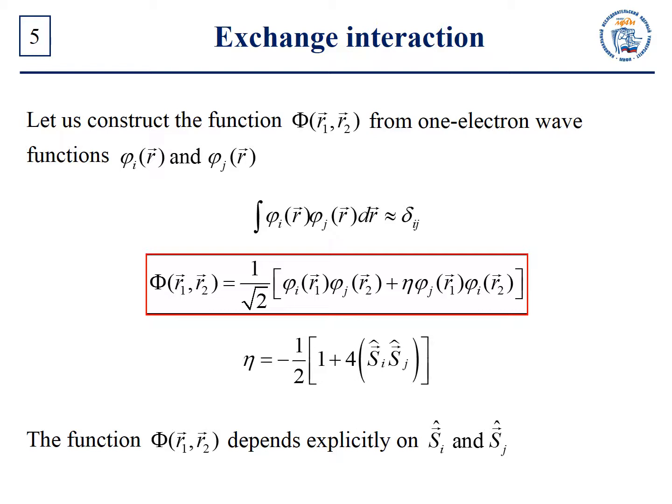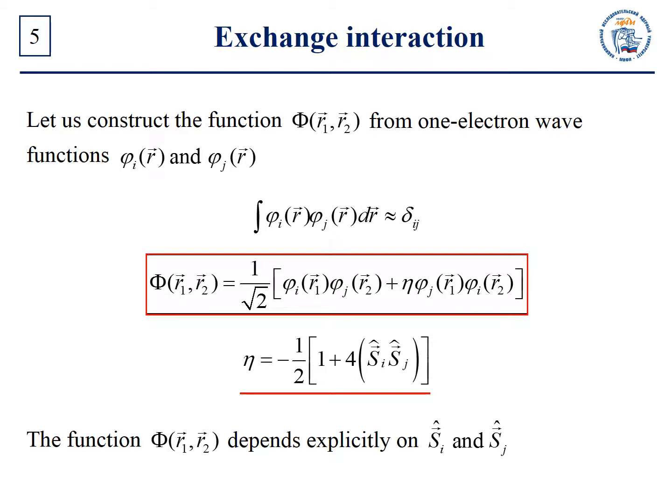Hence, for eta we have the following expression, so that the function phi of r1 and r2 depends explicitly on operators Si and Sj. It turns out that the existence of such relationship between the coordinate and spin wave functions leads to the exchange interaction between two electrons localized on different atoms I and J.